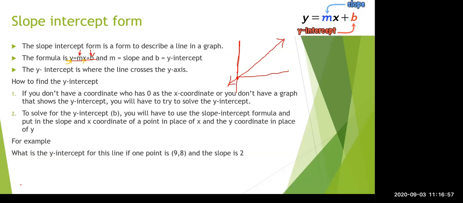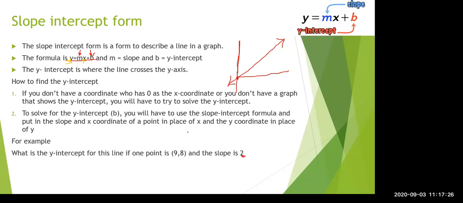Then, for example, what is the y-intercept for this line if one point is 9, 8, and the slope is 2? First, this is the formula for finding the y-intercept. Basically, we know what m is, and m is 2, and we know that we're trying to find b, which is the y-intercept.